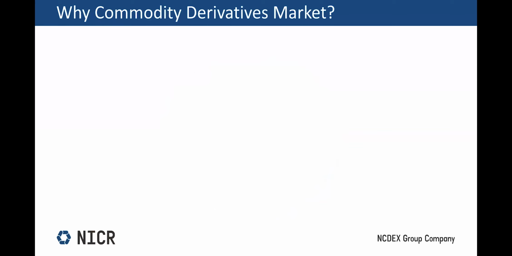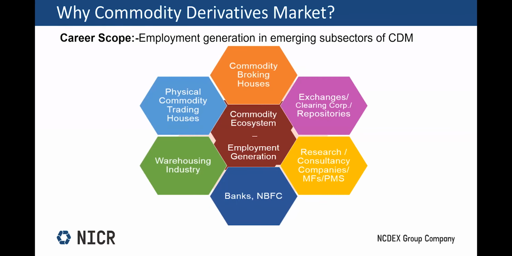So why commodity derivatives market for students? I think what we talked about in all these slides is that you have a commodity ecosystem, and it's a very important and integral part of our economic activity. And these are the ecosystem players. At the center, on one side we have the exchanges, the clearing corporation, and the repositories.